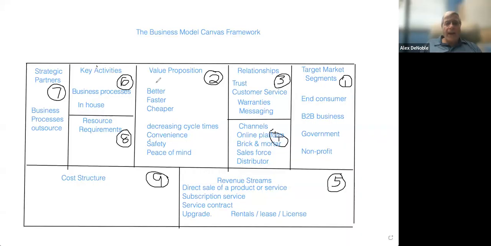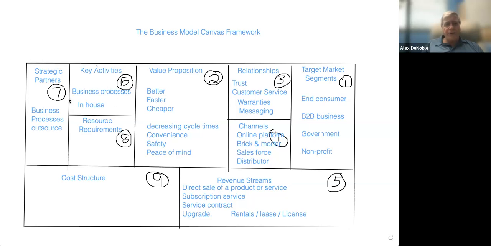Okay, so let's go back to our business model canvas framework here, and let's move on to number 8. Remember, all of these are going to be integrated with each other.